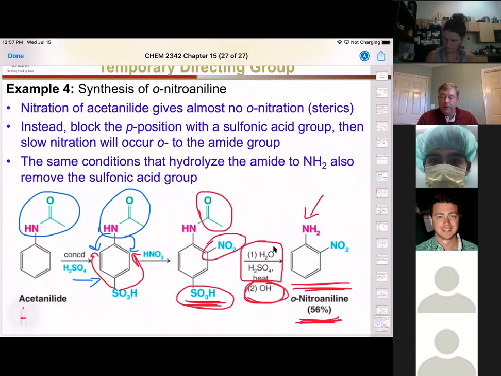So our yields aren't great, but we have exactly one isomer, and we've directed exactly where it's going to go by using the protecting group of the sulfonic acid and the protecting group of the amide of acetic acid. We use two protecting groups to get the exact product we want.